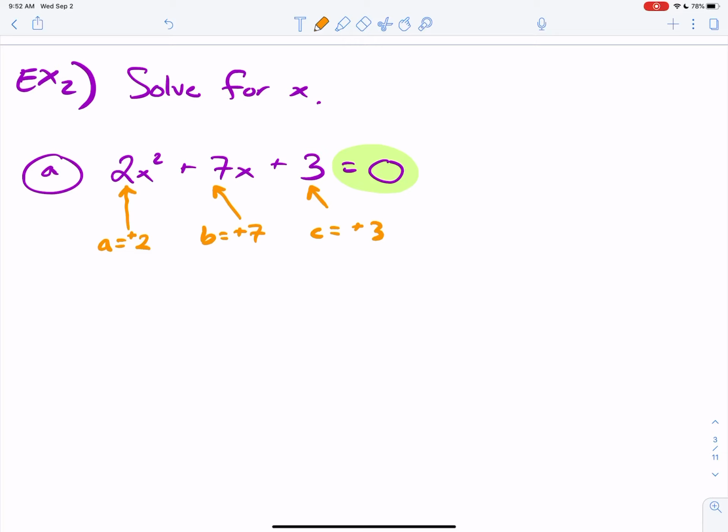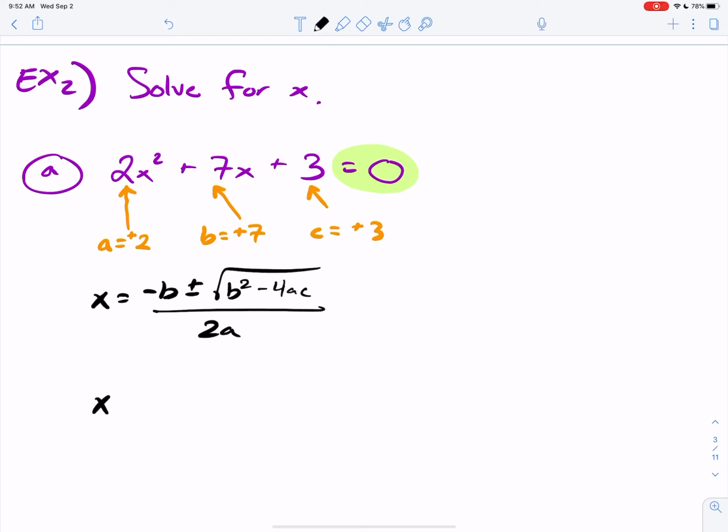All right? So now that we have A, B, and C, we write out our quadratic formula in general so that we remember it. X equals negative b plus or minus square root of b squared minus 4ac all over 2a. Okay, so here we go. X equals. Here's what I do so that I don't confuse myself. Every time I have a parameter or a letter, I'll put parentheses there first.